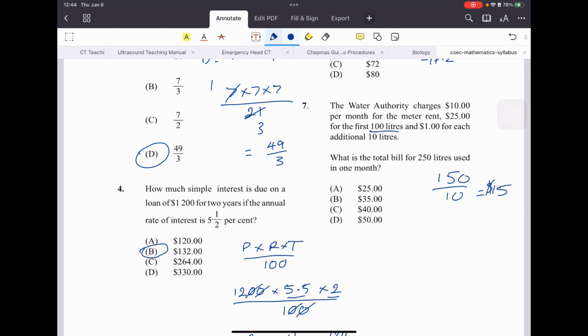The total cost is $25 for the first 100 liters, plus $15 for the next 150 liters, plus your $10. So 25 plus 15 plus 10 is going to give you $40. Is it? No, sorry, $50. That's $50 there.